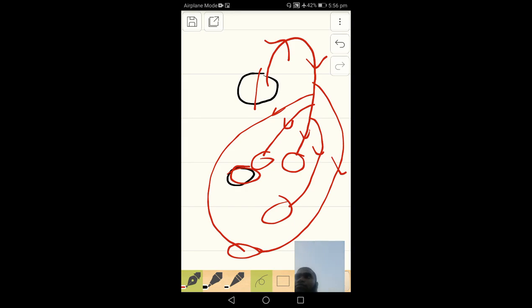Okay, so what do you think? Will the heart enforce the blood with a small force or a small pressure, or a very great pressure? Obviously, the heart will apply a very large pressure on the blood so that the blood gets enough velocity to be distributed all around the body.